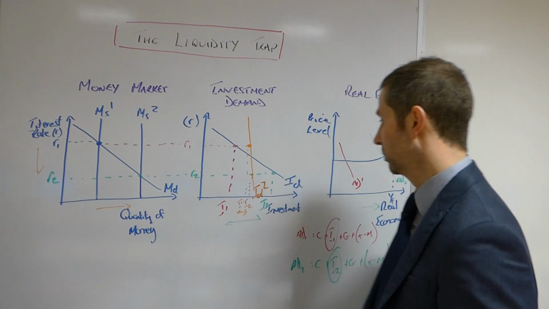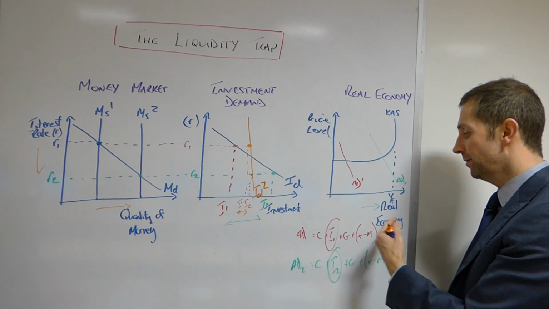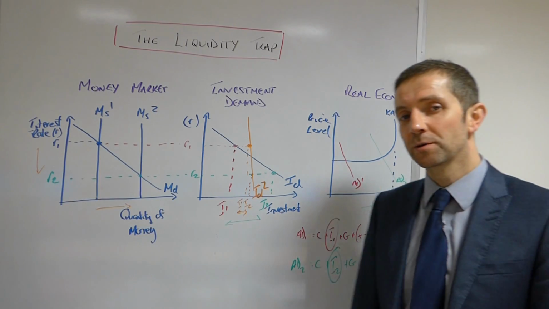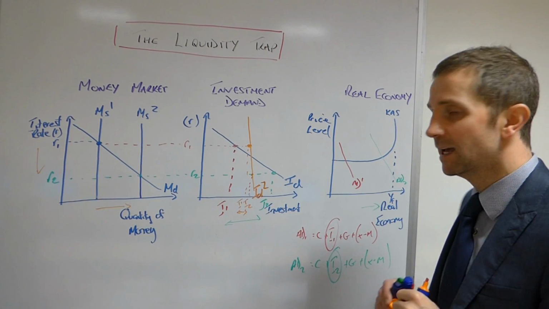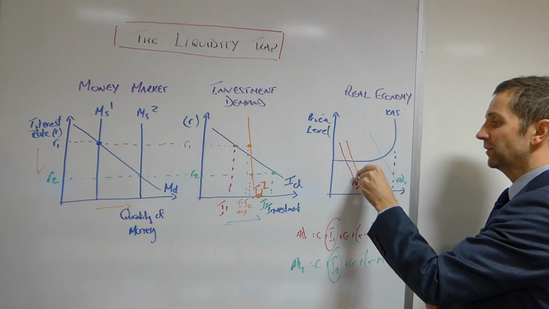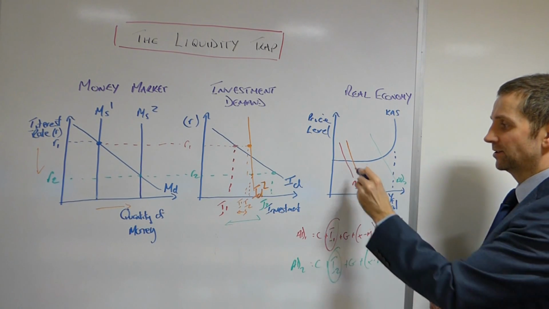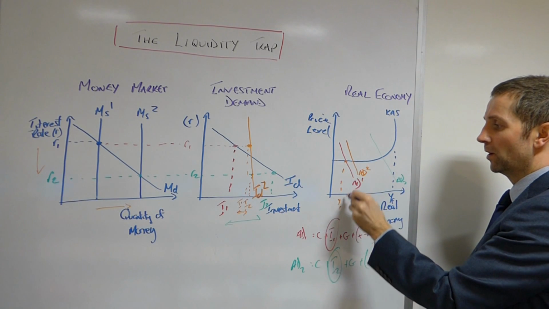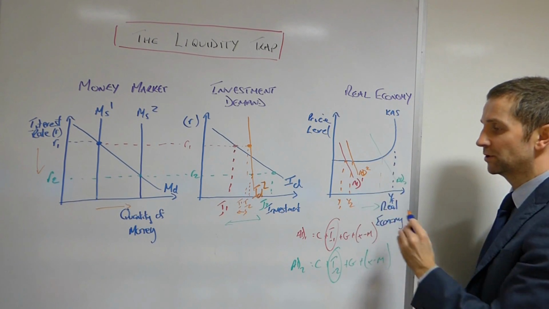And so as a consequence, rather than AD1 shifting all the way around here, moving very close to the full employment level of output and eating up all that spare capacity, maybe AD might only shift to here, to AD2. And so we end up going from Y1 to Y2 instead of Y1 to Y2, which is way over here.